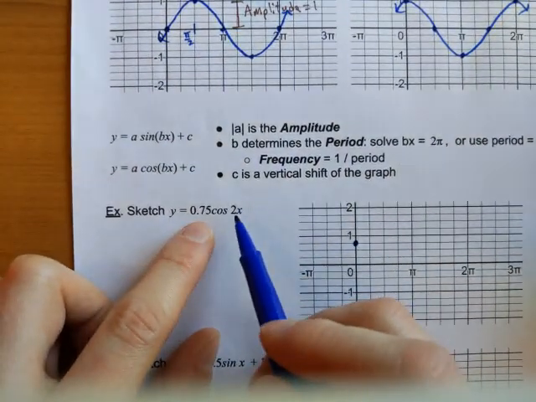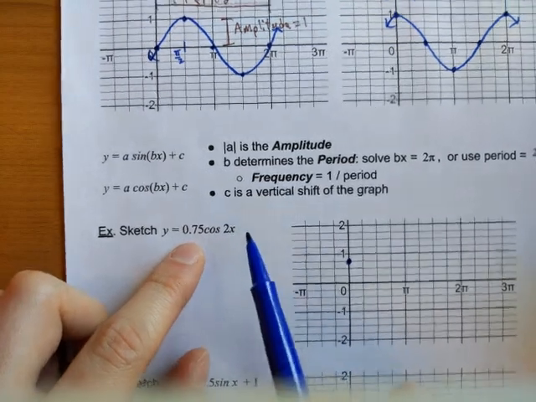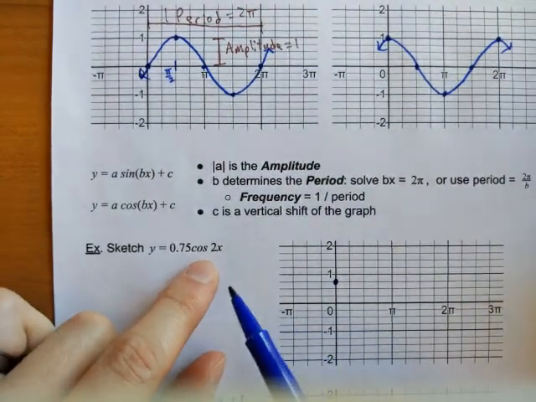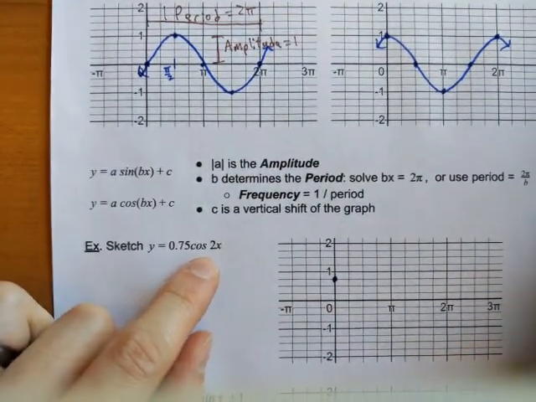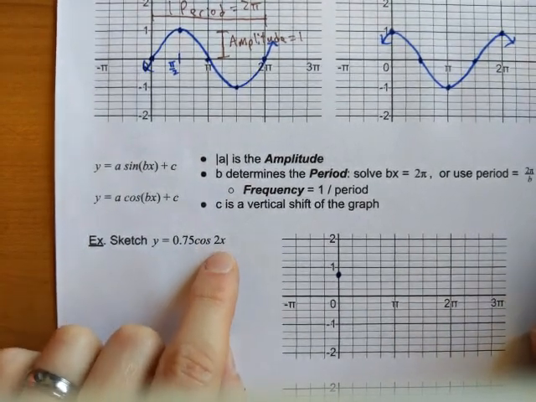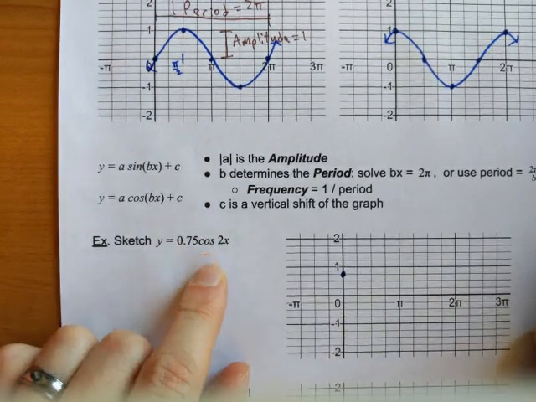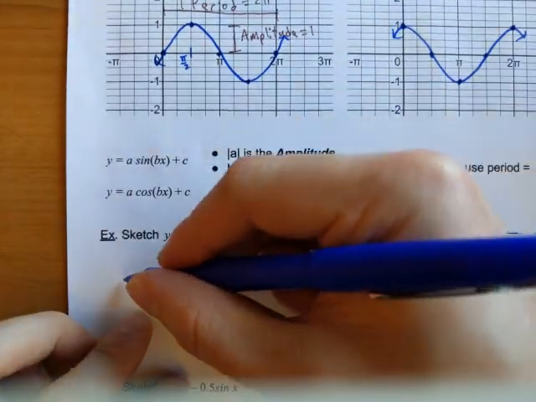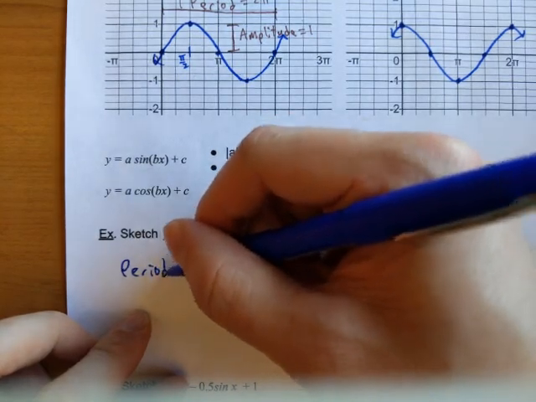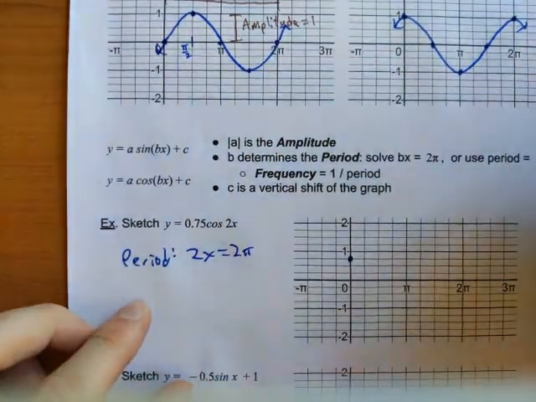Now inside here, though, we're changing the x values, the scale of the x-axis. So before, x had to get to 2 pi for the graph to start repeating. So now what we're looking for is what x value would make us be plugging in 2 pi into the cosine function. So for the period, we want to look at when does 2x equal 2 pi.